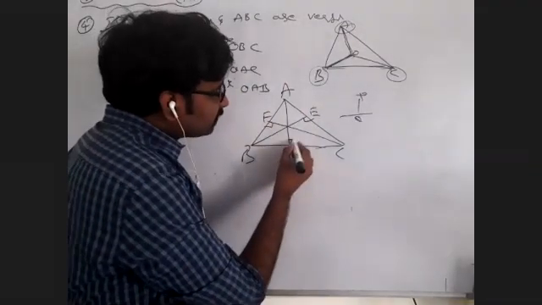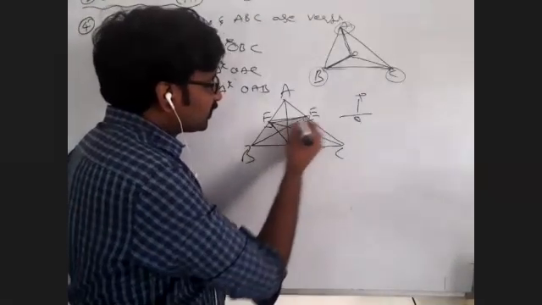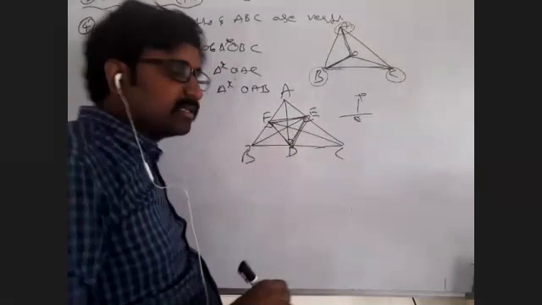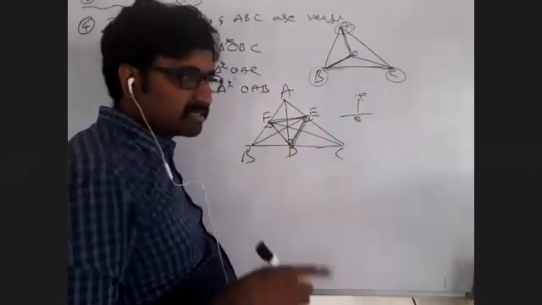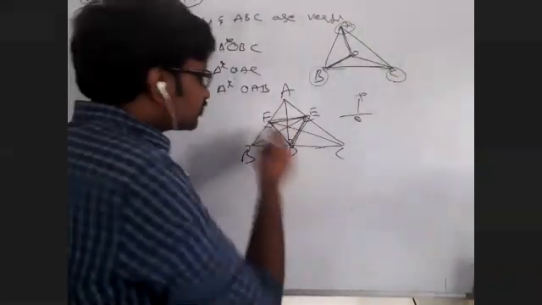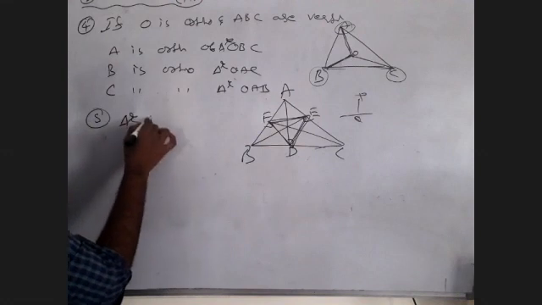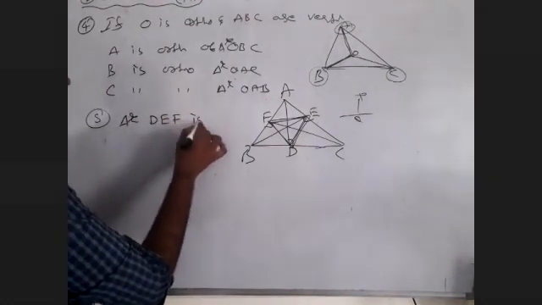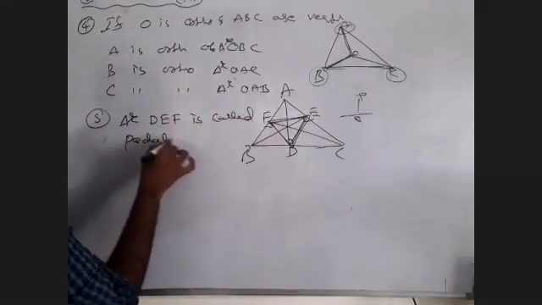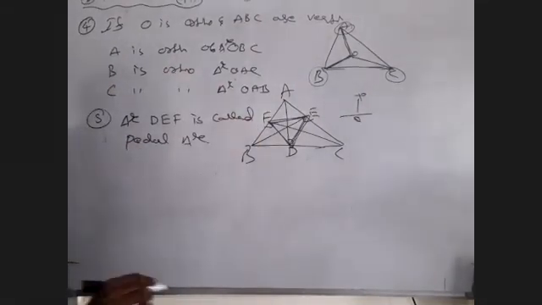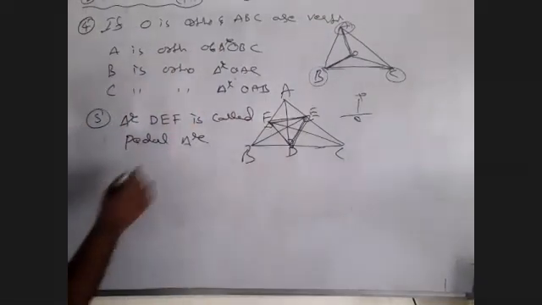The triangle which is formed by these feet of perpendiculars, this is also one triangle. In the previous centroid topic, by midpoints we formed a triangle. Here by feet of perpendiculars we are forming a triangle. This triangle DEF is called pedal triangle, and you have one relation here.